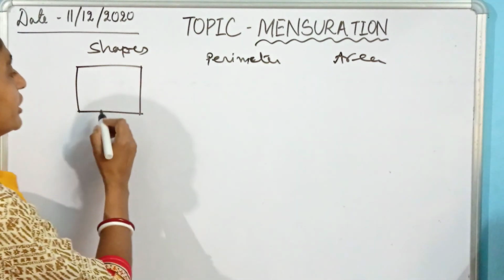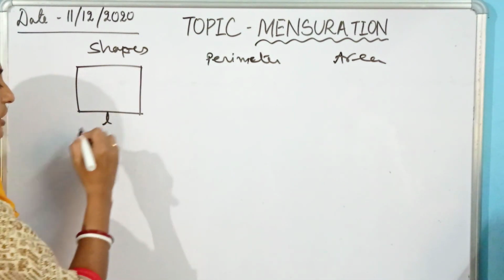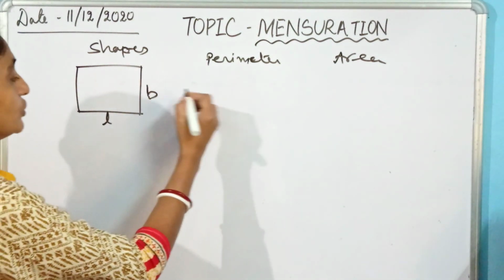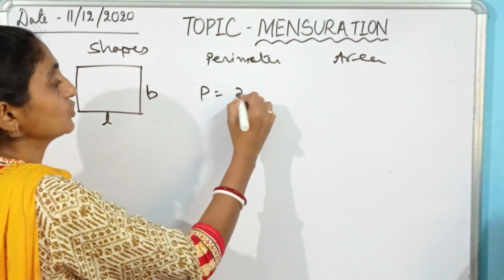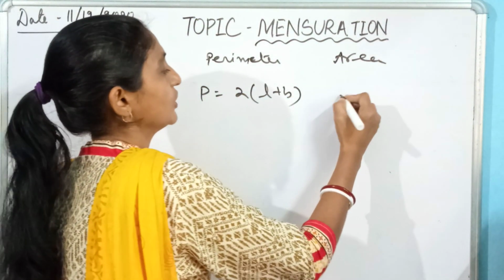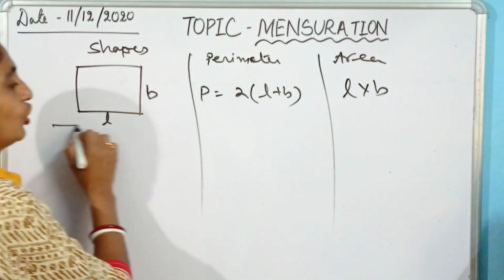When we are talking about a rectangle, we will think about the length and breadth. The longer one is the length and this is the breadth. So what is the formula for the perimeter of this one? We know perimeter is equal to 2 into length plus breadth. And what is the area? Area is equal to length into breadth. So I am putting this one in a column.